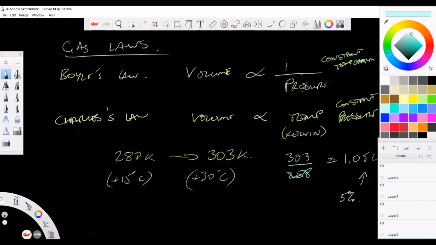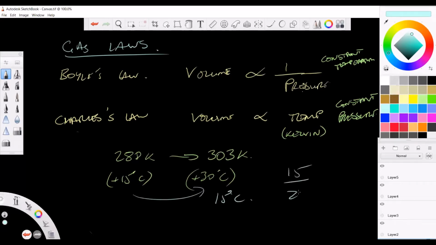Yeah. What I could have done actually, the other way I could do it, is I would say that the change in temperature is 15 degrees Celsius. So 15 over 288, so 15 divided by 288 equals 0.052. So that's 5.2%. So we've increased the temperature by 5.2%.